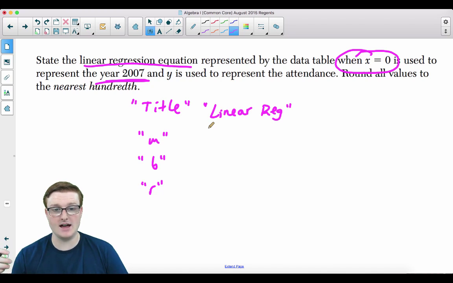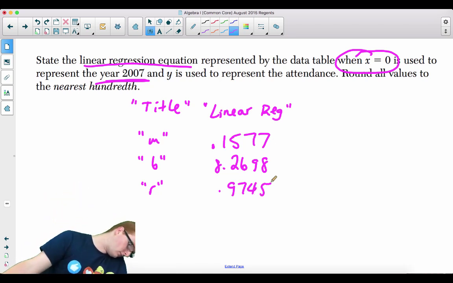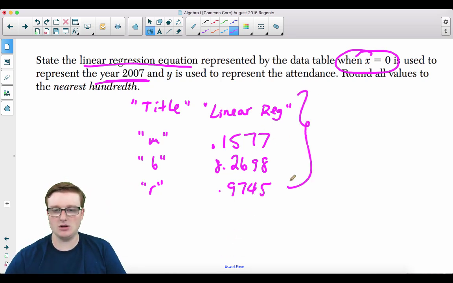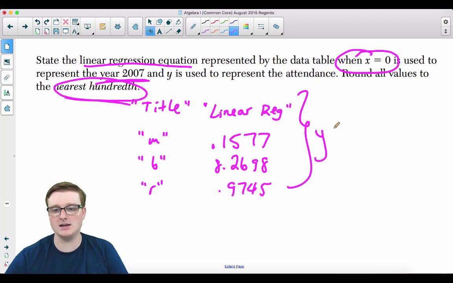So now we get m is equal to 0.1577. Then we get b equals 8.2698. And we get r is equal to 0.9745.